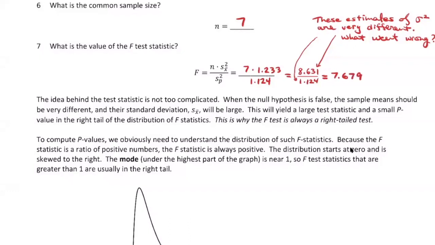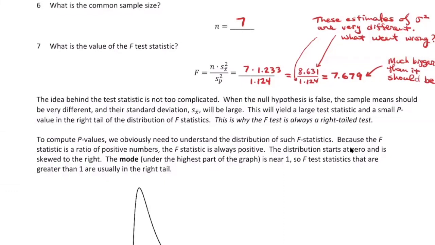Okay. That's 7.6 times, you know, this is much bigger than it should be. Should be close to 1 if the null hypothesis is true that the means are all equal.